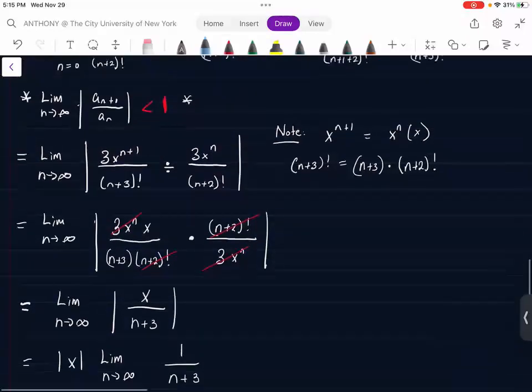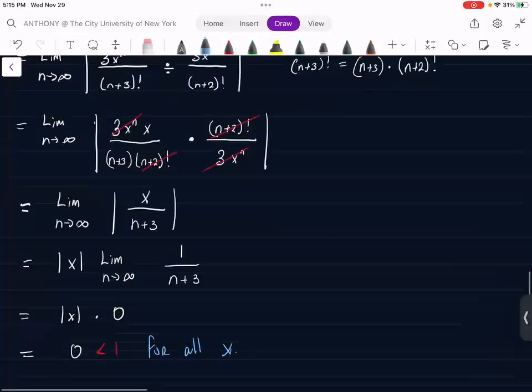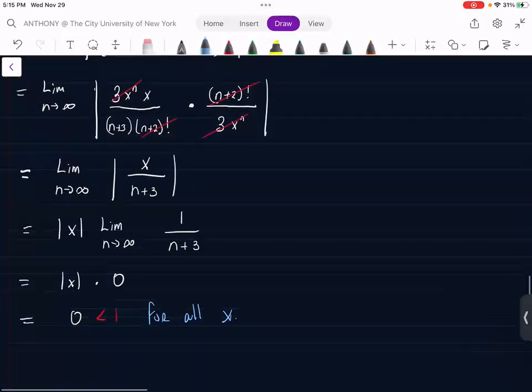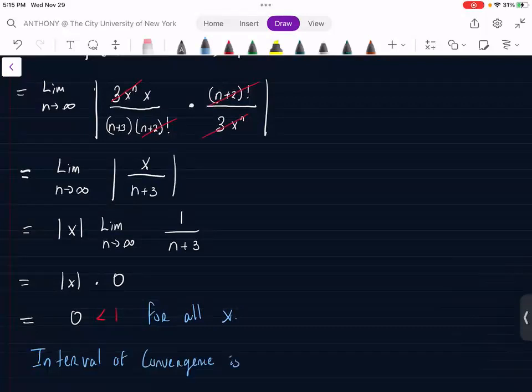Because it's true for all x and we're dealing with the real numbers, the interval of convergence in this example is all real numbers, which is equivalent to saying negative infinity to infinity. And that is your solution to this first example.